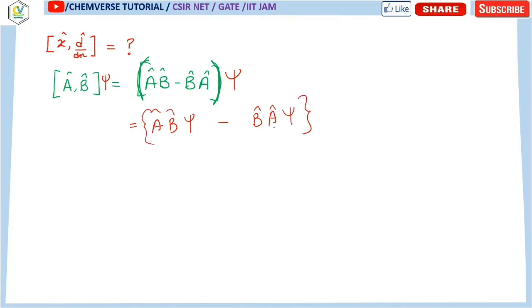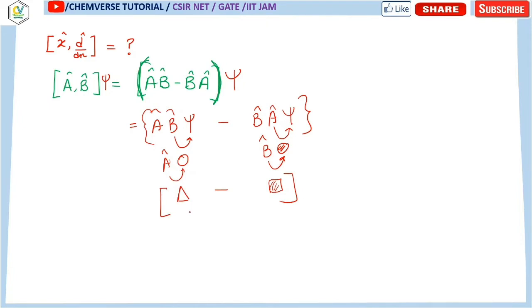This means that first B is operated on psi, and then the A operator is operated on that to get the expression for this one, and here also A is operated on psi first and then B, so we are getting something like this. This is a schematic diagram of what I have discussed over here.